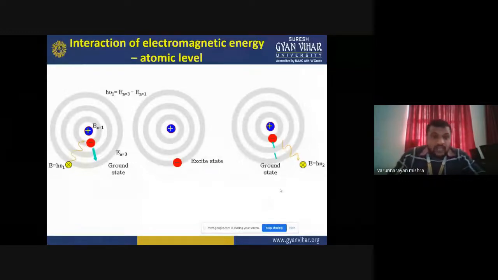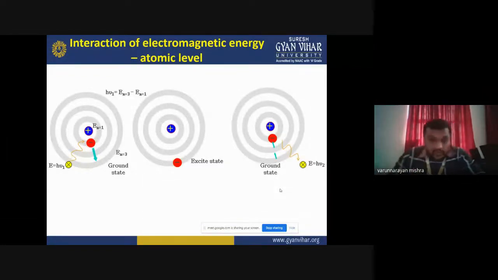Okay, so this is the way we can study the interaction of electromagnetic energy at the atomic level. Niels Bohr was a scientist who described the interaction of electromagnetic energy with the electrons, the charged particles, in the atom or molecule of that object.